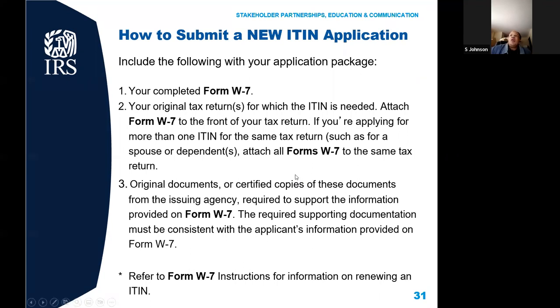So there are several ways that you can submit this application. You can do it by mail, and that's the address, and that's just regular mail. You can do it by private delivery, and they're providing you the street address, okay?